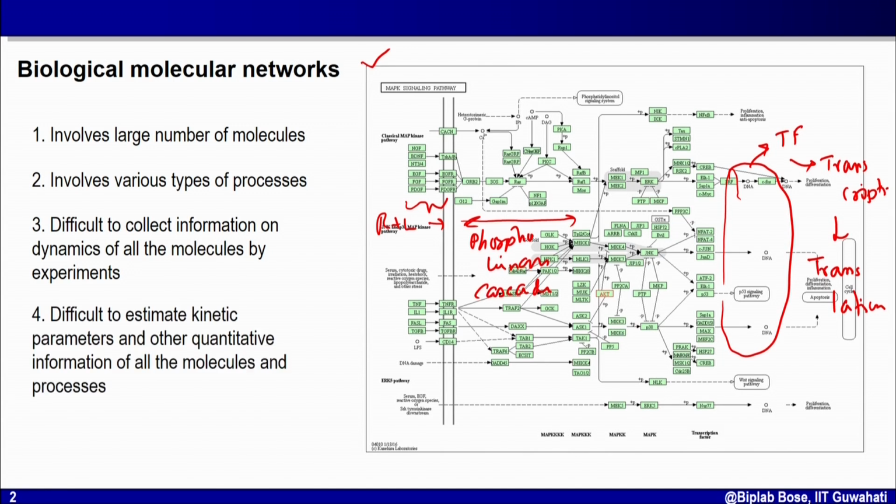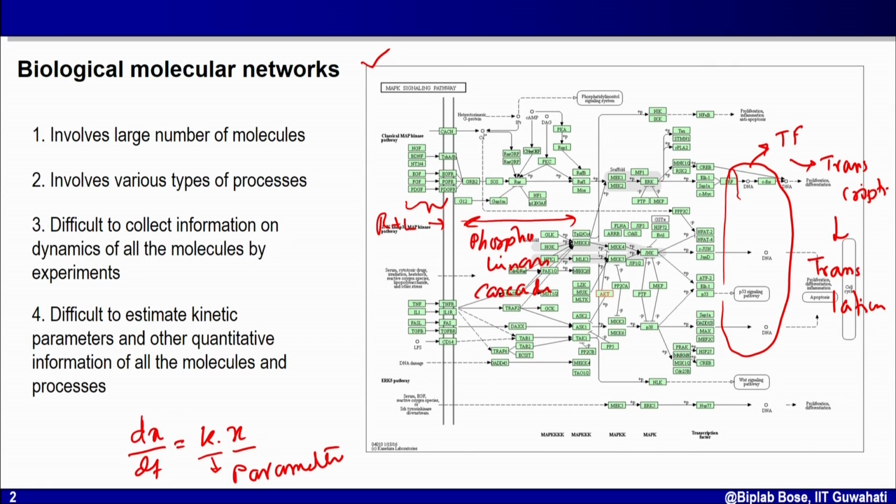Then another important problem, and rather a big obstacle, in creating an ordinary differential equation based model for this type of large network is that you require kinetic parameters. If you remember, if I write a simple ordinary differential equation like dx/dt equals k times x, x is the dependent variable and k is the constant, which is a parameter. I require a numerical value for these parameters if I have to model and understand the dynamics of x.